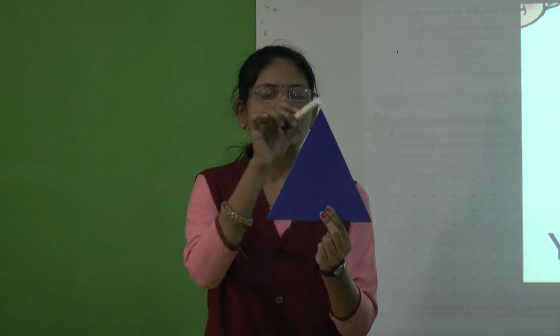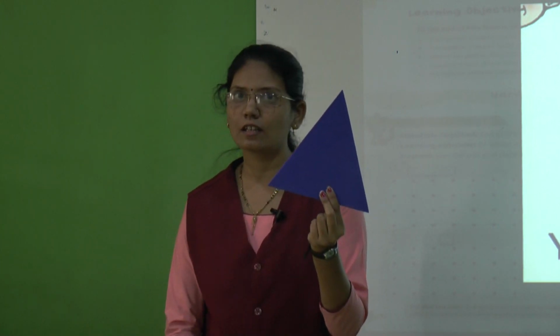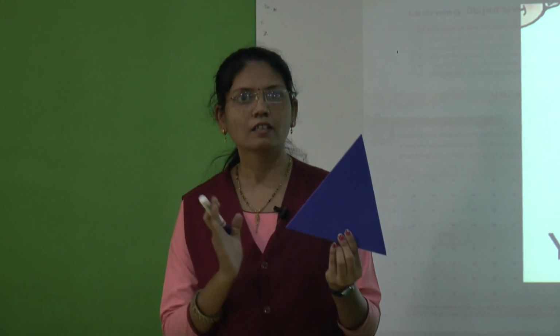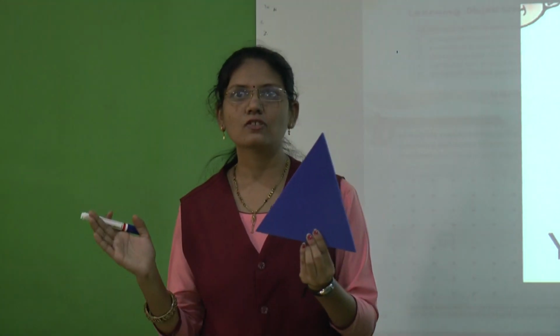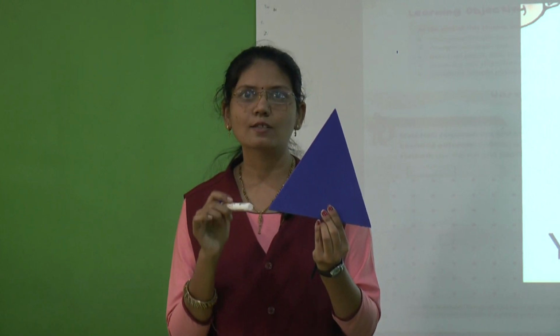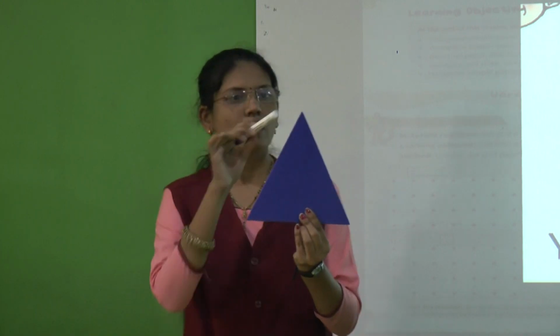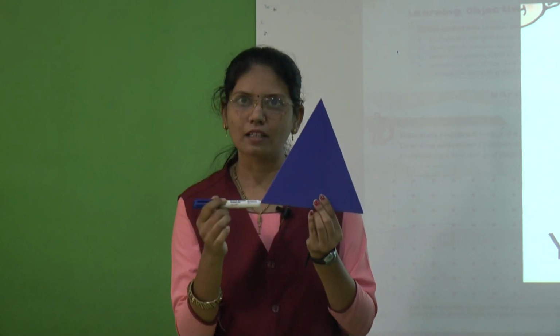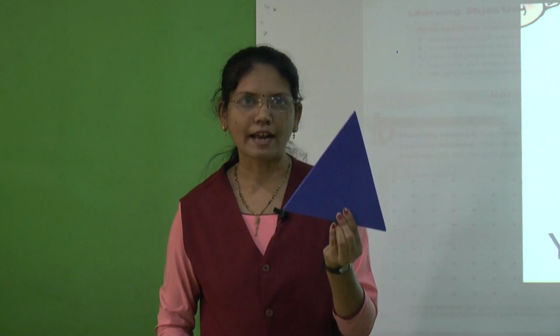And also it has 3 angles. If we split the word triangle, it is tri and angle. It has 3 angles, so the name is triangle. Also it has 3 corners, 1, 2 and 3. So this is a triangle.